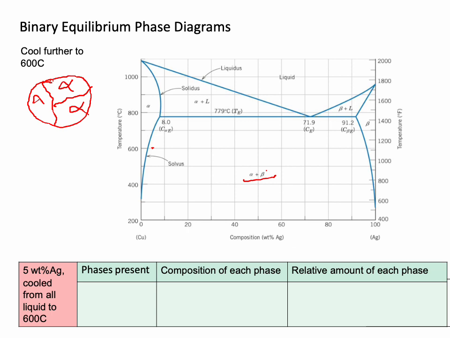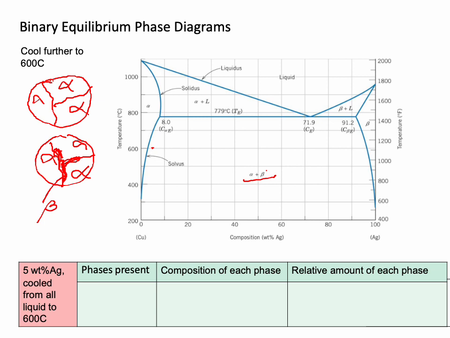But now, when I cross the solvus line, along those grain boundaries, I start to precipitate out beta at the alpha grain boundaries like that. So I still have alpha, but beta is precipitating at the alpha grain boundaries.